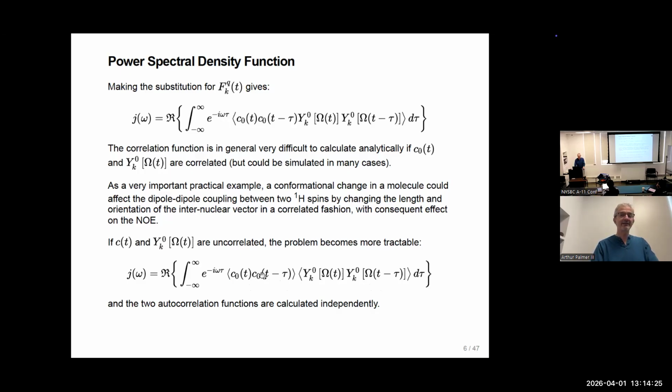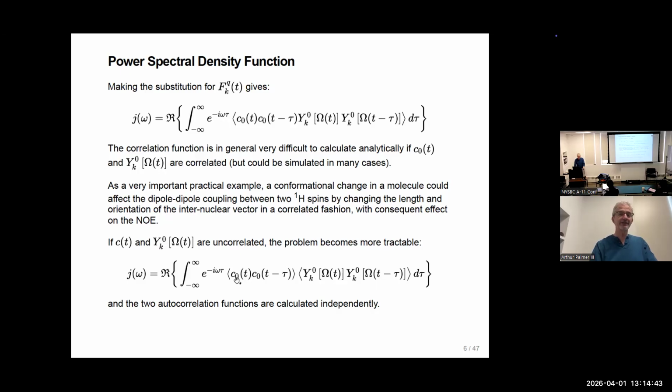And in that case, we could say that this autocorrelation function of the C's could just be replaced by its initial value. And that would be the ensemble average of C squared.